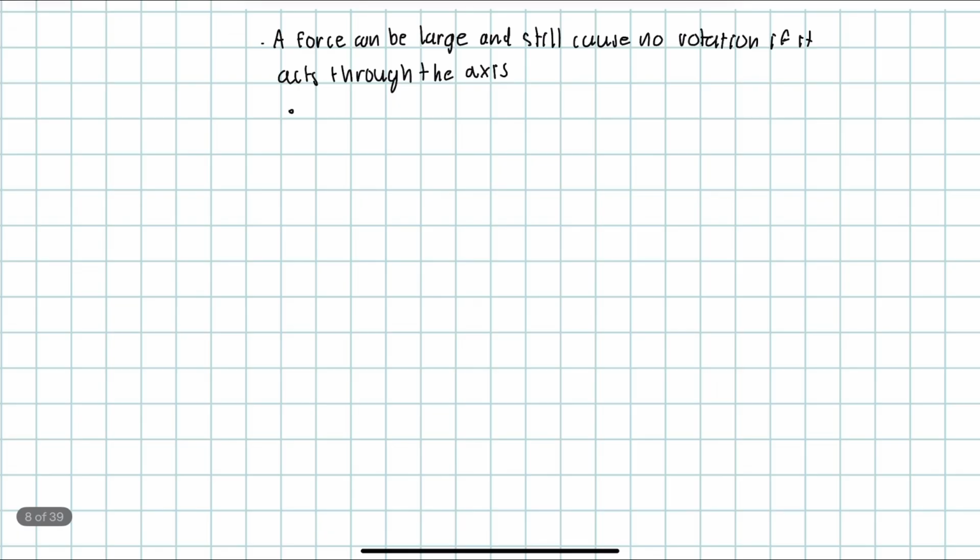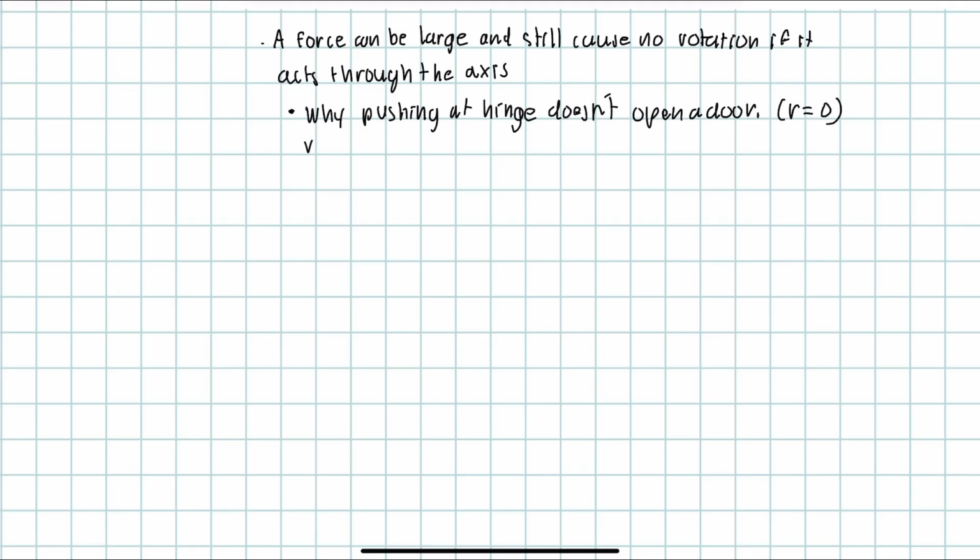So this explains why pushing at the hinge doesn't open a door. This is because there's no radius.